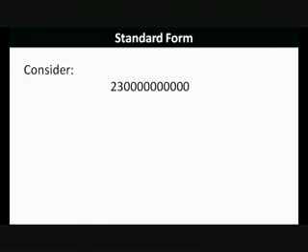Now think about this number, 2, 3 and lots of zeros. That's the same as 2.3 times another number that starts with 1 and has a lot of zeros. And writing them in line like that, you can see that the first number is 2.3 times the number that starts with 1.